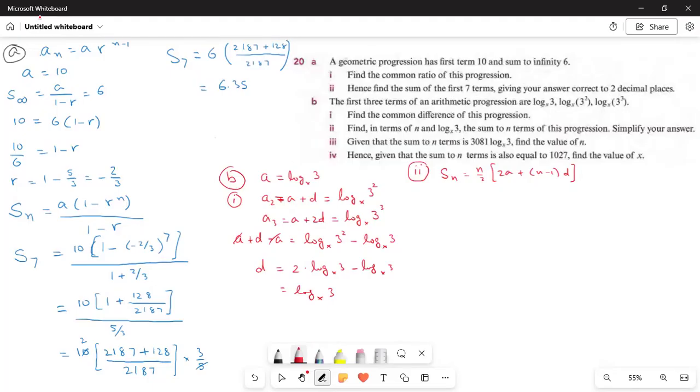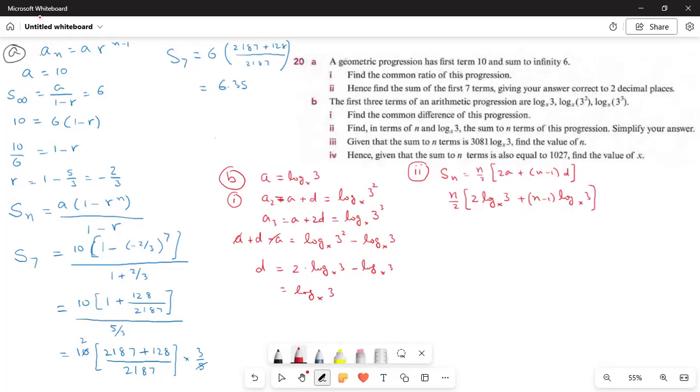So n by 2 and 2a, where a is the first term, which is log x³, plus (n minus 1) into d, where d is the common difference and therefore also log x³.